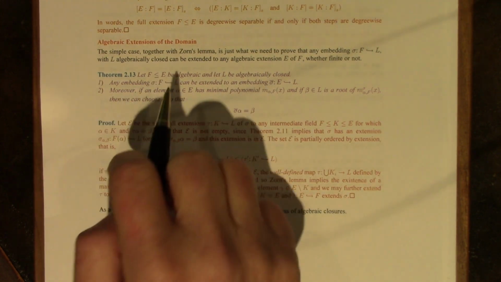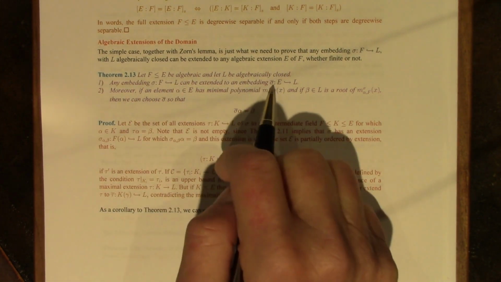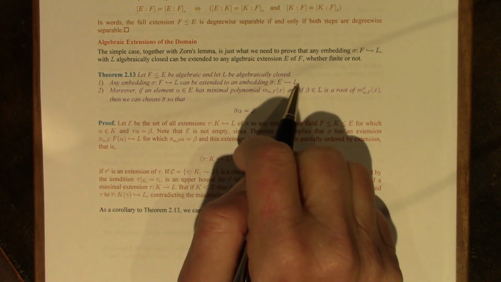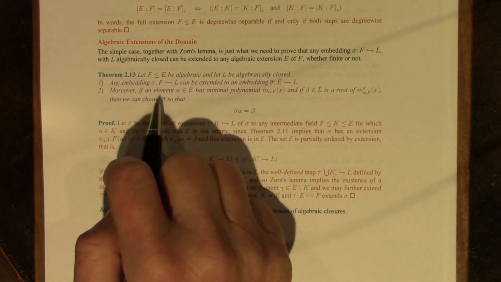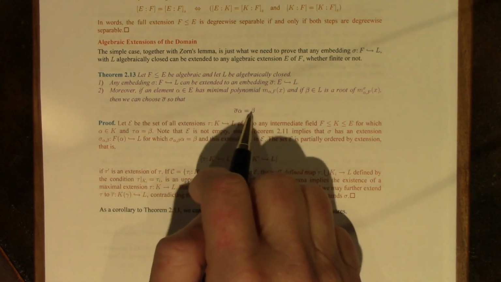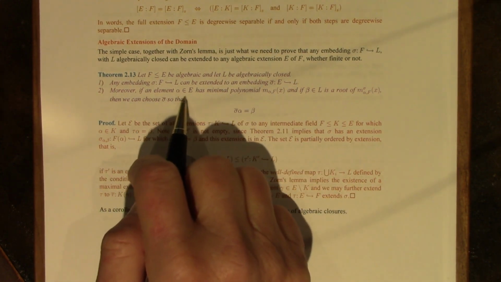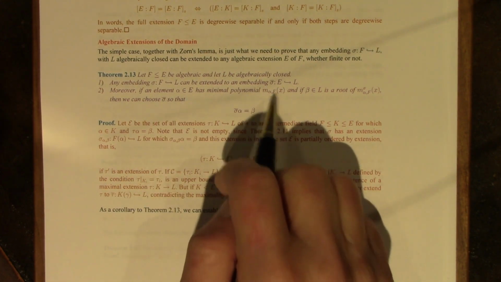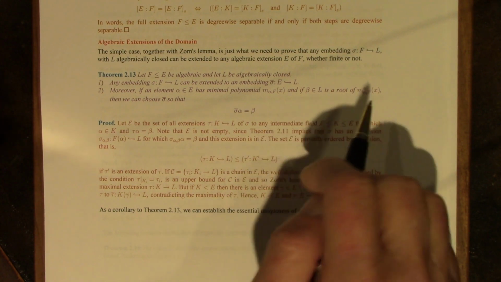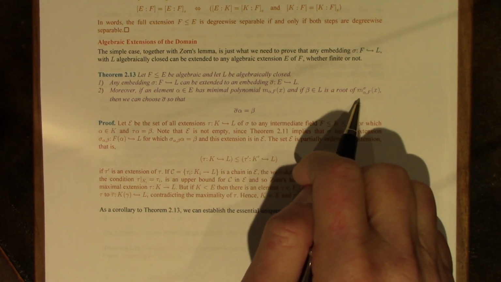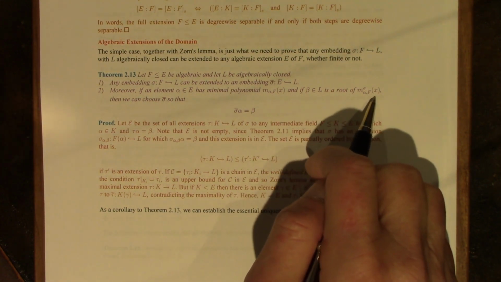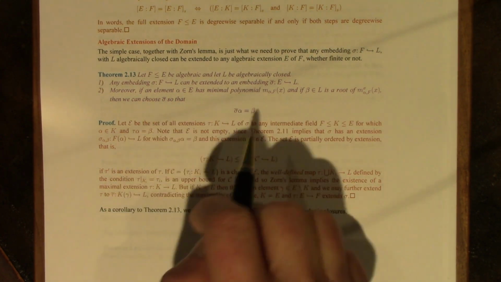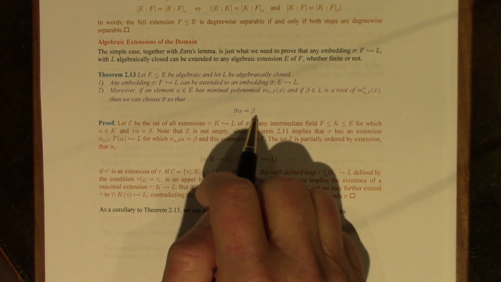Any embedding sigma from F to L can be extended to an embedding sigma bar from E to L. Moreover, and we've seen this before, if an element alpha in E has this minimal polynomial, and if beta in L is a root of the image of that minimal polynomial, then we can choose sigma bar to send alpha to beta.